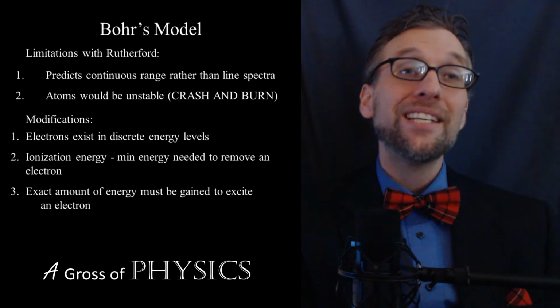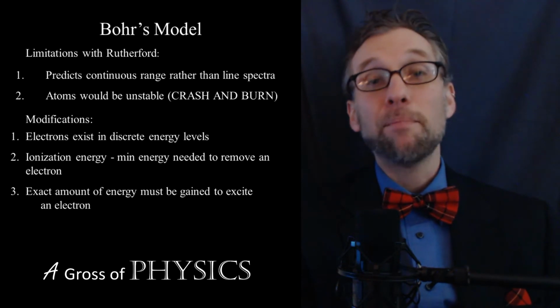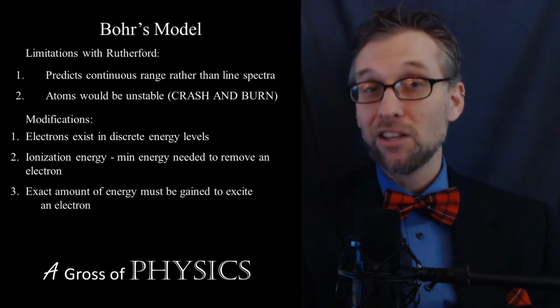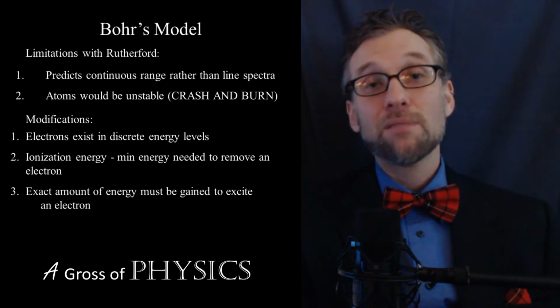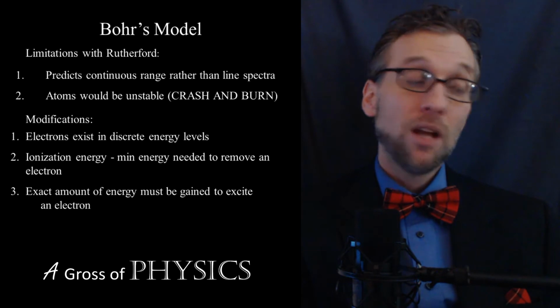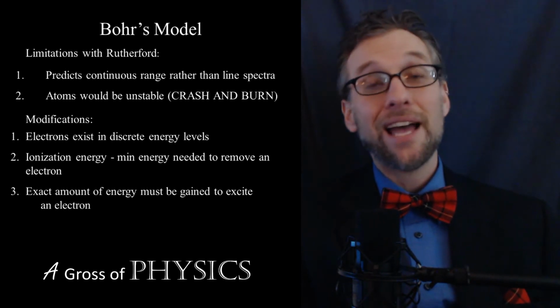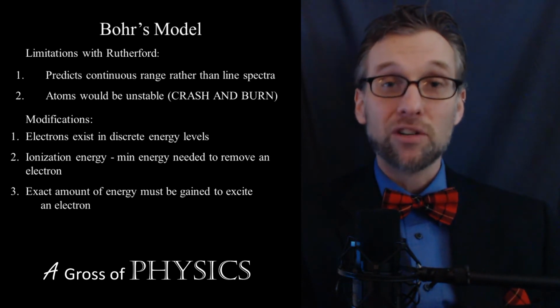So Rutherford didn't account for the stability of the atom. He was right in the fact that the nucleus was where all the protons were concentrated, but the rest of his model was insufficient. So Bohr came along and he said that electrons exist in these discrete energy levels.